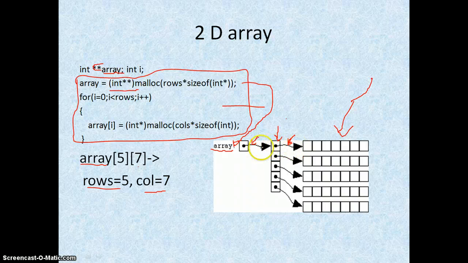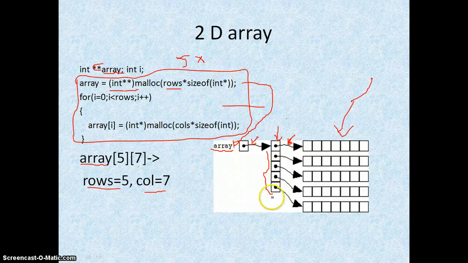You see here, the typecast, then malloc, and the number of rows, which is 5 in this example, times the size of an int pointer.